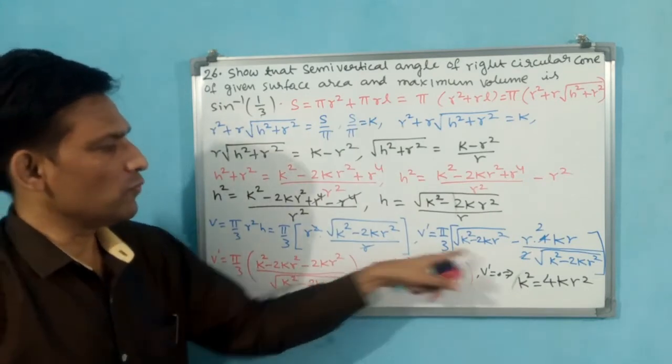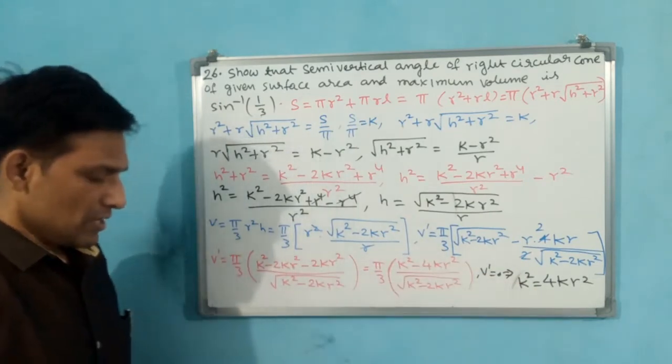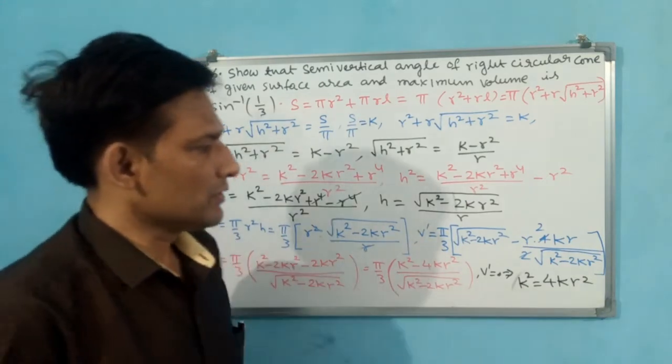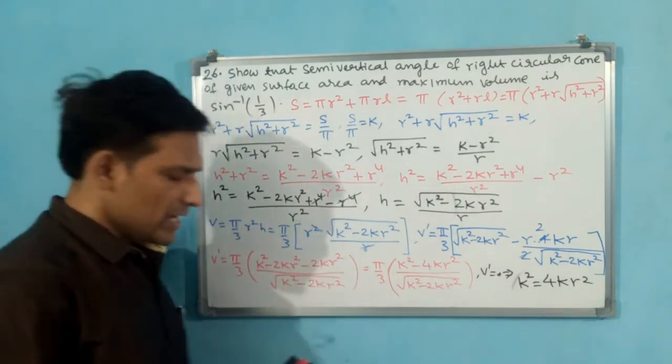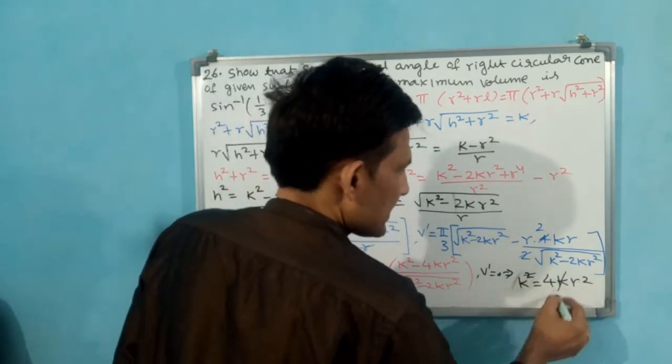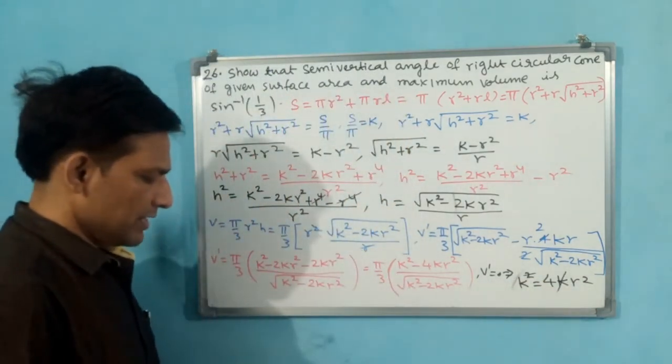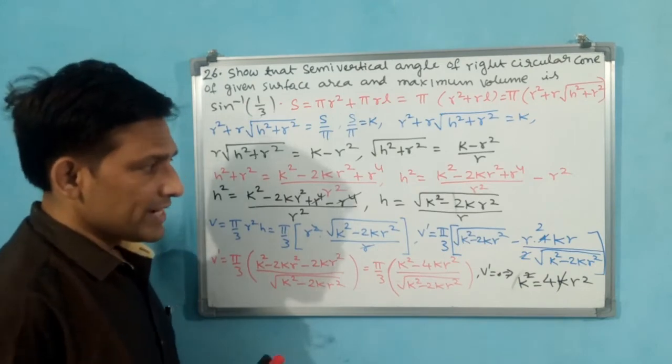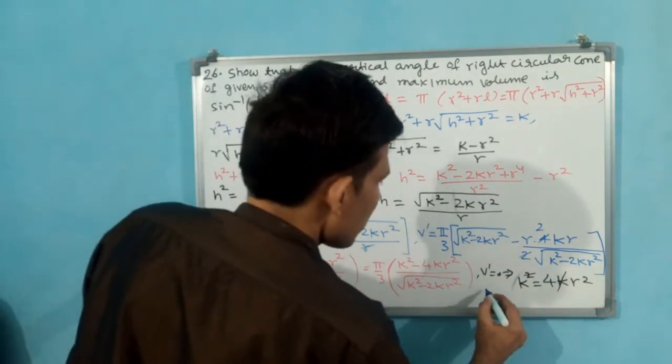From this what you receive, k is going to get cancelled out, one k is going to get cancelled. Finally, you get r square is equal to k by 4.